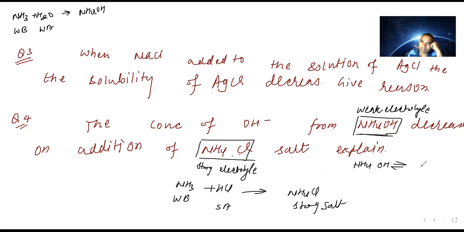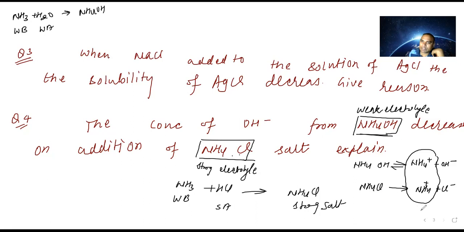Yeah. So it is reversible: NH4 plus and OH minus, and another is NH4Cl. It is 100% dissociating, so NH4 plus and Cl minus. They are the common ion, and the concentration of NH4 plus increases.